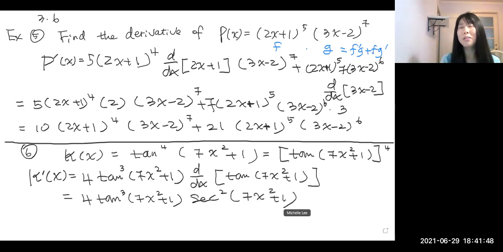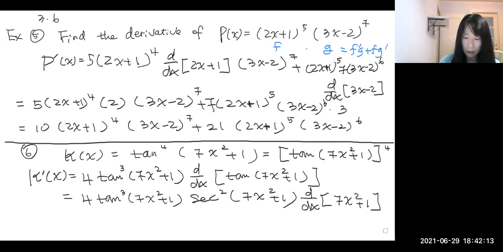Now, we have not taken the derivative of the variable x yet, right? So we're going to do that. So this is a chain rule over chain rule, right? So a composite of a composite function.